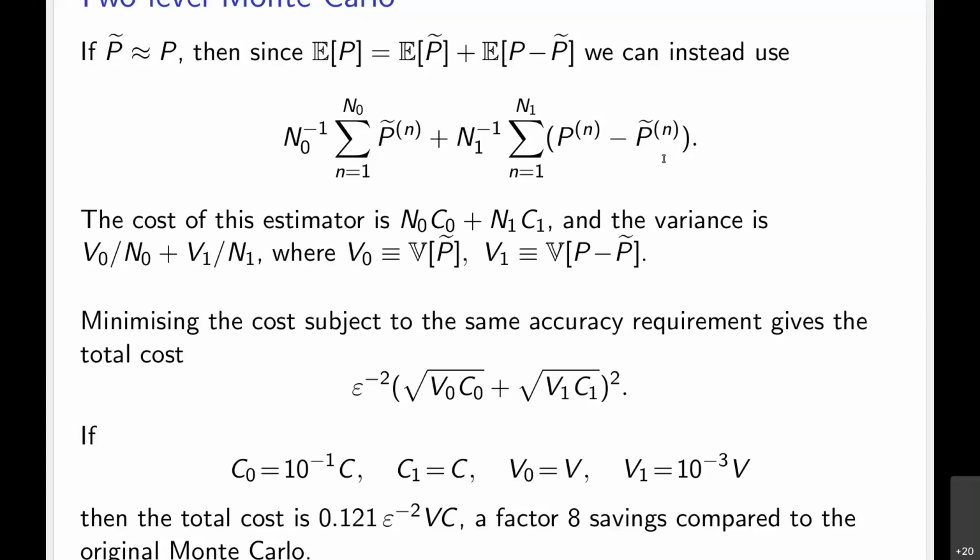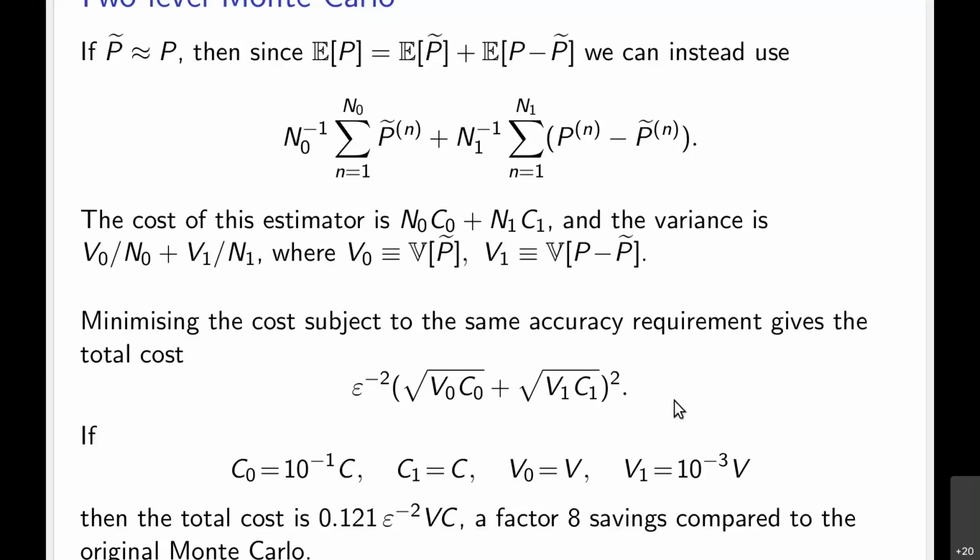And then we can look at, well, what do we need to do to minimize the total cost, subject to the fact that we want the overall accuracy, again, to have a root mean square accuracy of epsilon. And then that gives us this expression for the total costs. So this is just doing a constrained optimization for the integers n0 and n1 as if they're real variables. So we get that total cost expression.